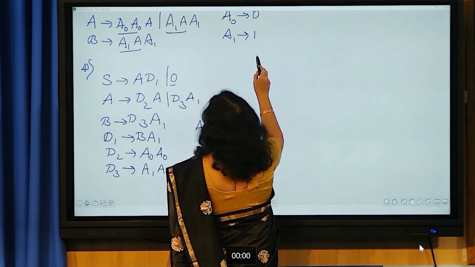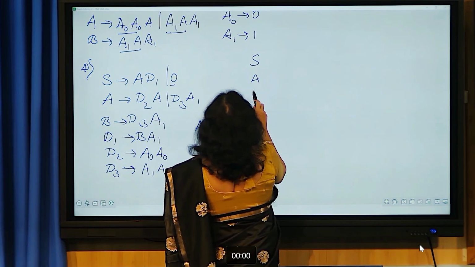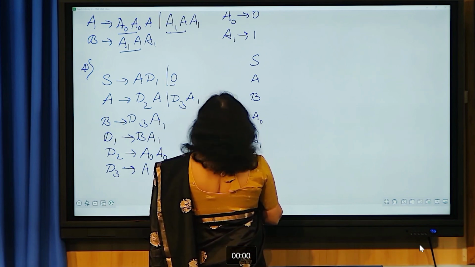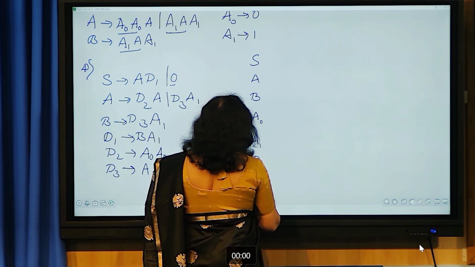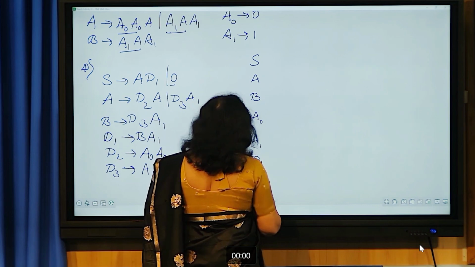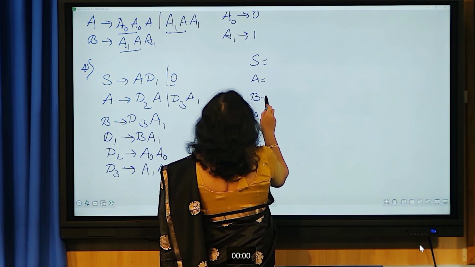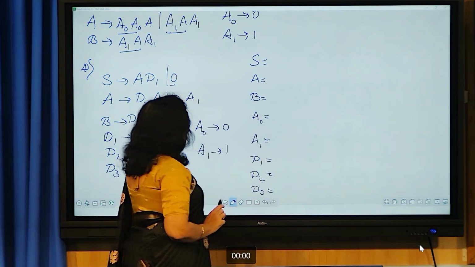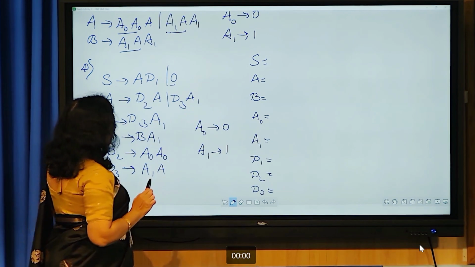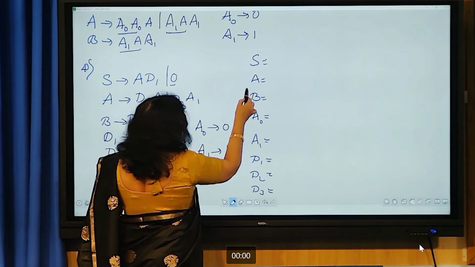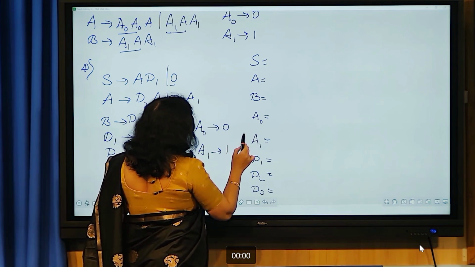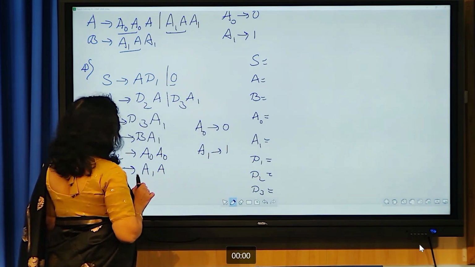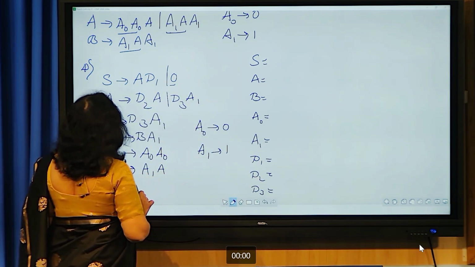The variables are S, A, B, A0, A1, D1, D2, D3. I have taken the variables in the same order as we introduced them. S, A, B were originally given, A0, A1 we introduced later, D1, D2, D3 we introduced in the next phase.